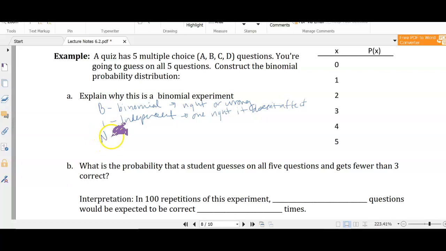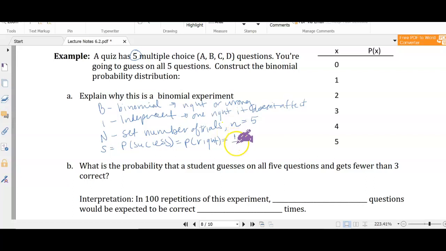N is the set number of trials, and here we had 5 questions that we looked at. And S, the probability of success, which in this case is being right, is the same for each problem because all problems have 4 options.